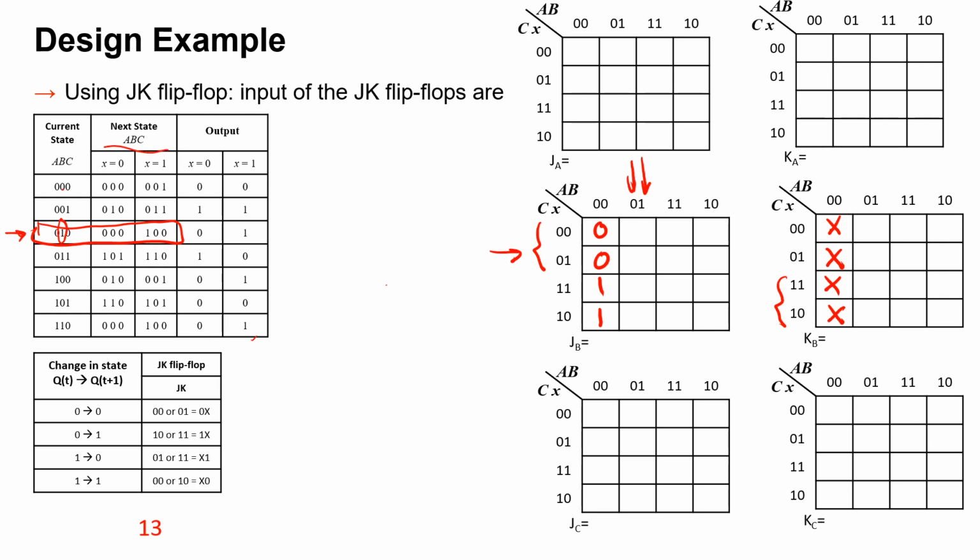For both inputs, it will be a transition from 1 to 0. A transition from 1 to 0 in the table gives me this, which means don't care on J and 1 on K. So don't care, 1, 1.